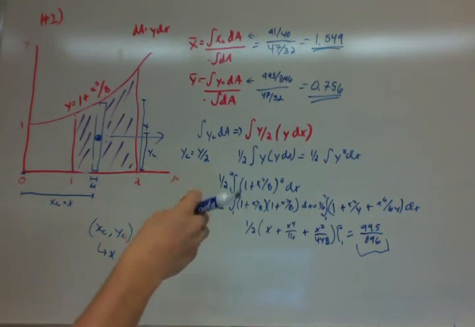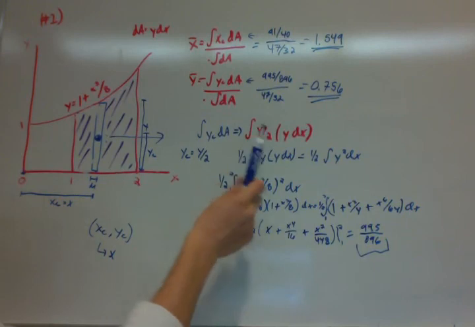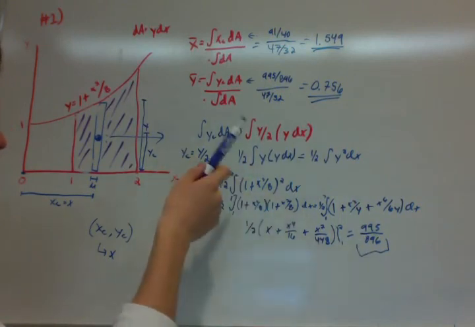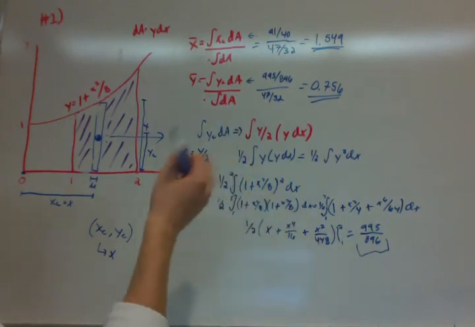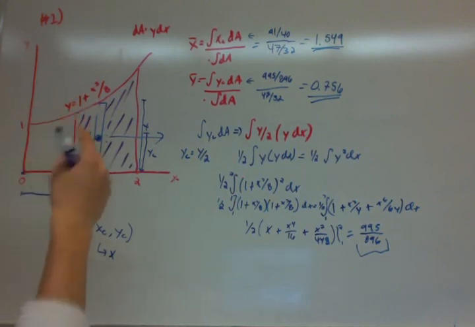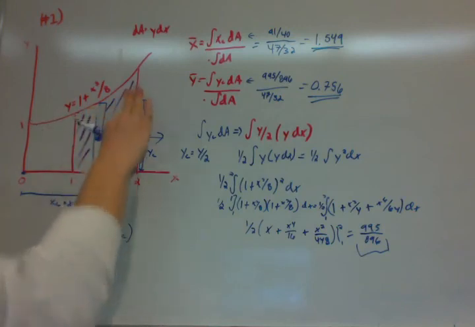Somebody had a question today about why this value is going to be greater than the actual distance. That's a good question. What you're doing here is essentially summing all of these boxes together.